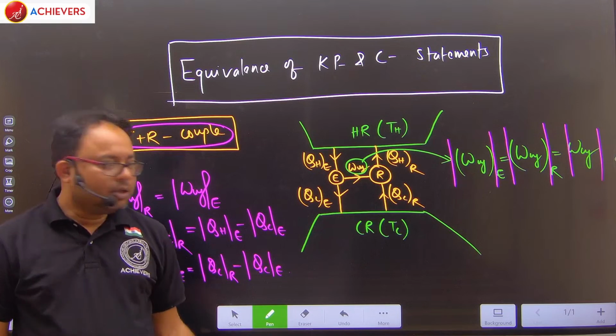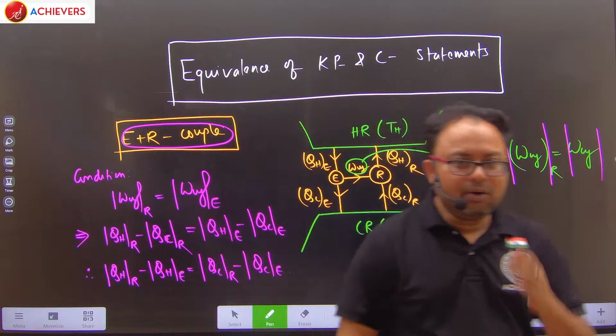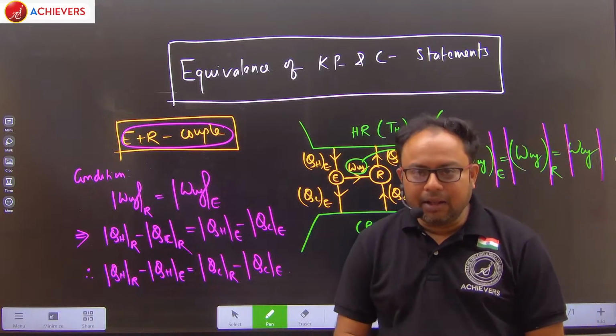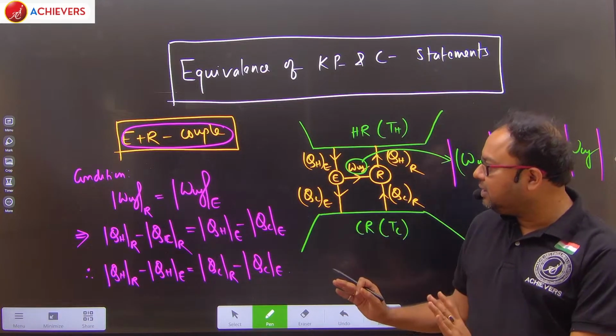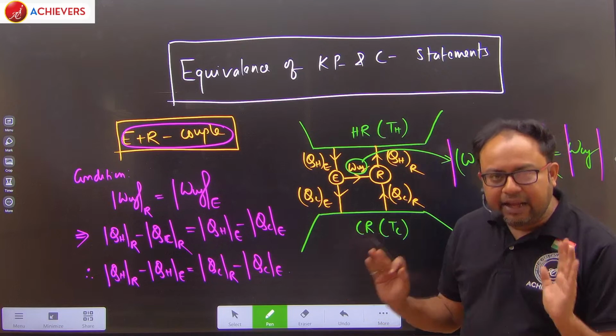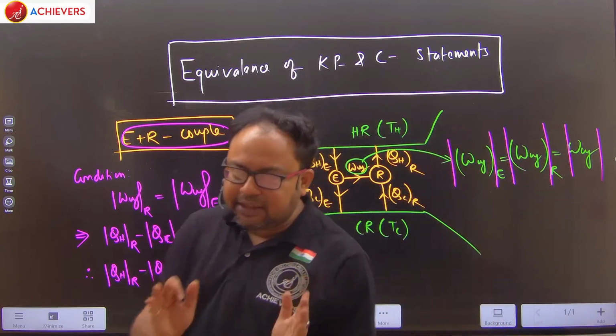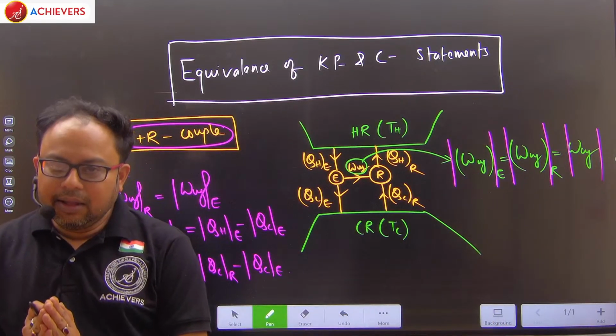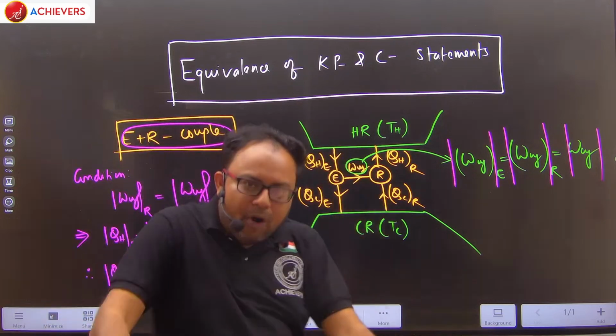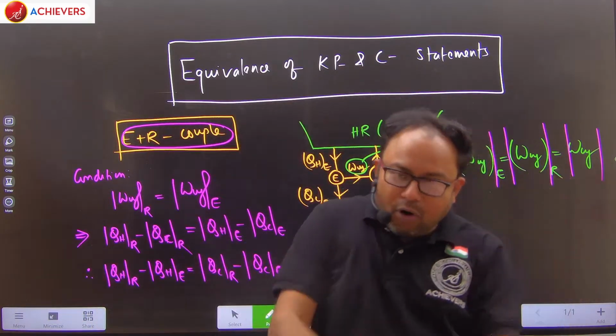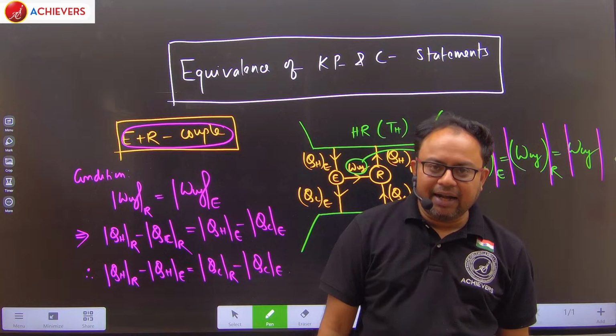Okay. So this is how we couple an engine with a refrigerator. So I think you have understood the coupling of an engine with a refrigerator. The engine performs some amount of work, and that work is being utilized by the refrigerator.